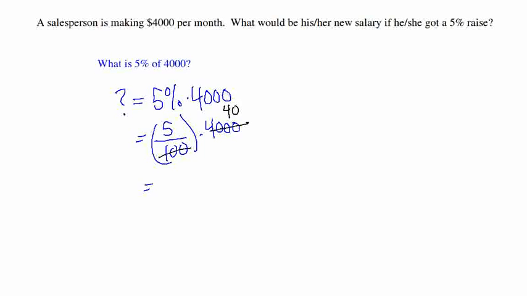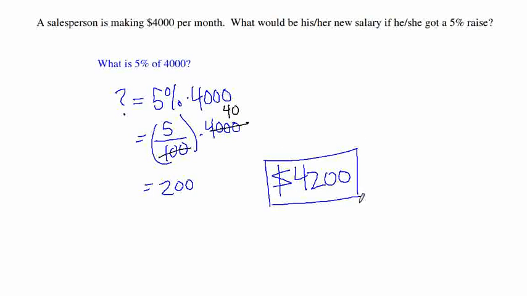So then I have 5 times 40, which is 200. All right, so that's not the new salary. That's how much extra. So if we were making 4,000 and now we're making 200 extra dollars, then the answer to the original question is 4,200. Okay?